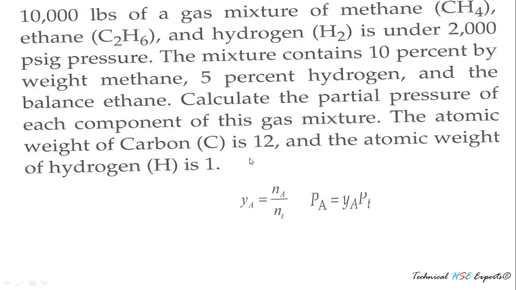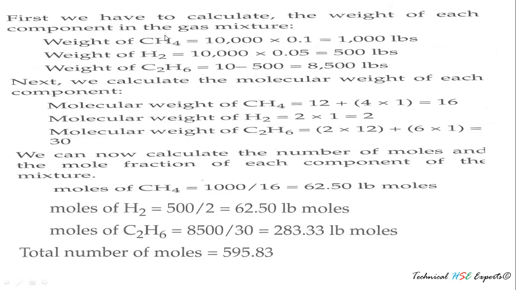The atomic weights have been given. So first we need to identify how many pounds of methane, how many pounds of hydrogen and how many pounds of ethane. 10% of 10,000 is for methane, 5% of 10,000 is for hydrogen, and the remaining 85% is for ethane.